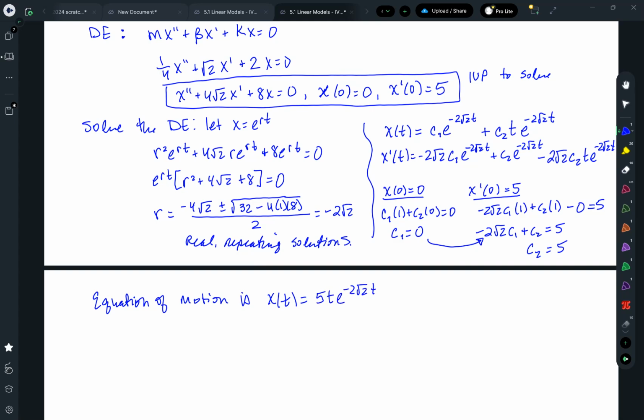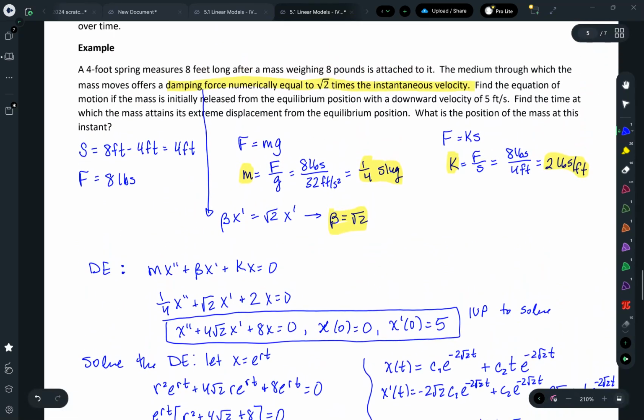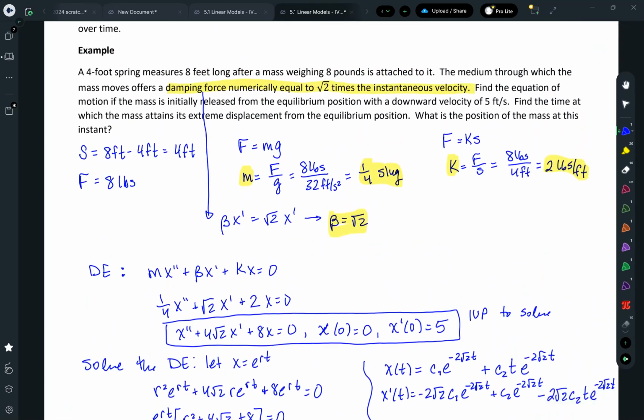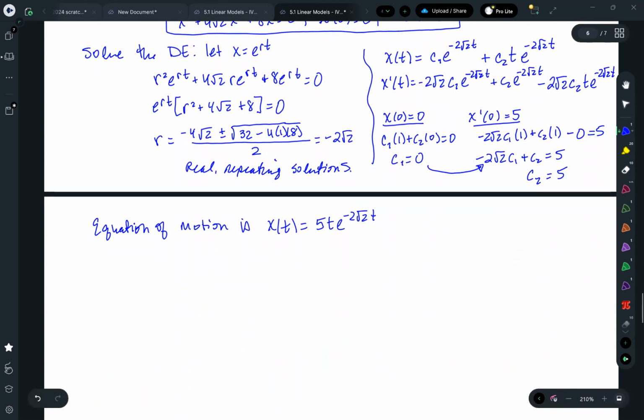Okay? Now, what were they asking us for? Find the time at which the mass attains its extreme displacement from the equilibrium position, and what is the position of the mass at this instant? Okay, so we want to find the time and the position for extreme displacement. Extreme displacement, I start thinking about derivatives, right?